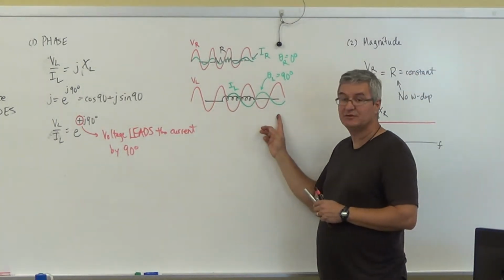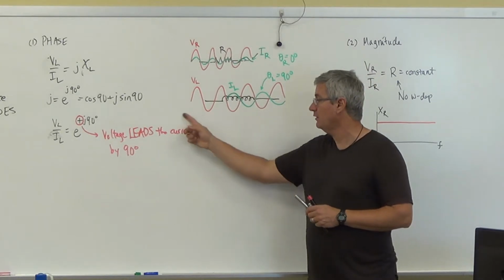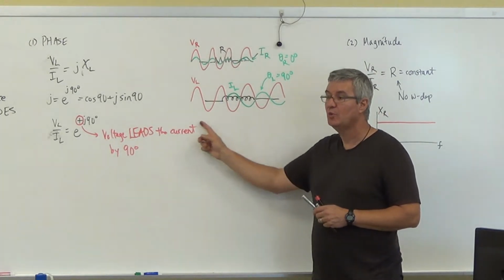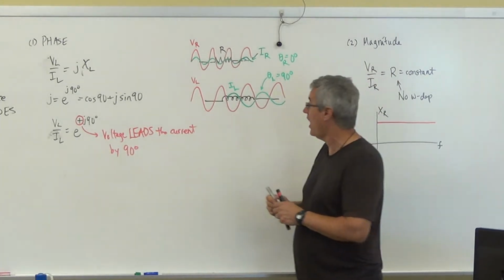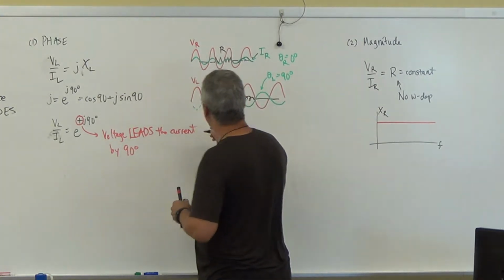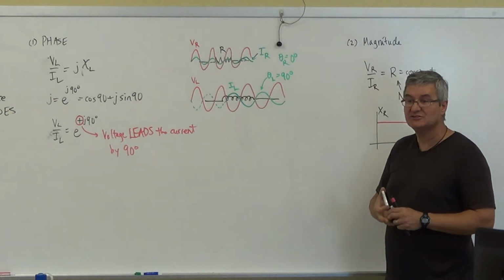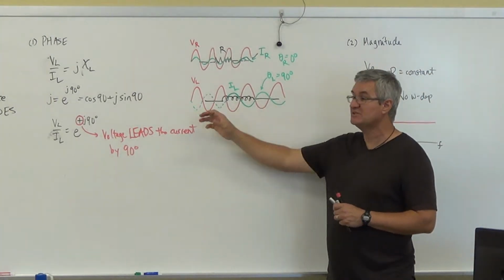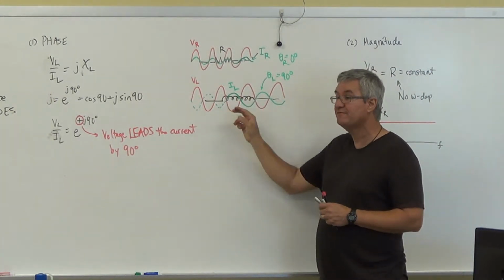And where is that phase difference? It's along the whole branch where the inductor is. I didn't want to draw it in, but I'll do the dashed lines. I'm thinking about the first time it's coming in, there's this out of phase part here.